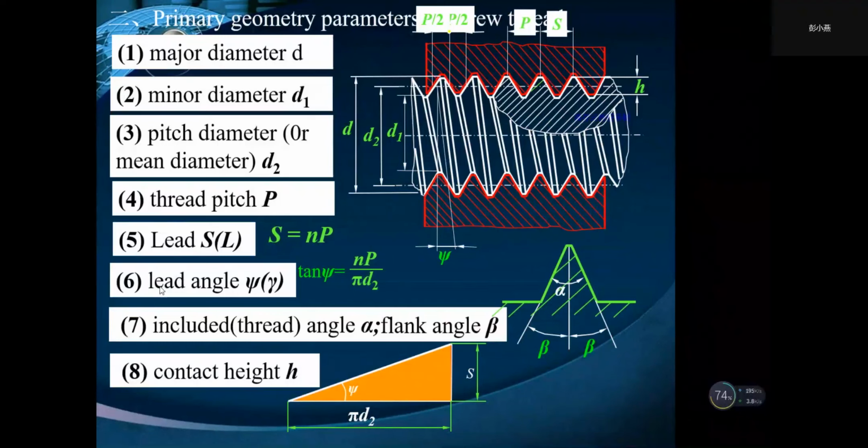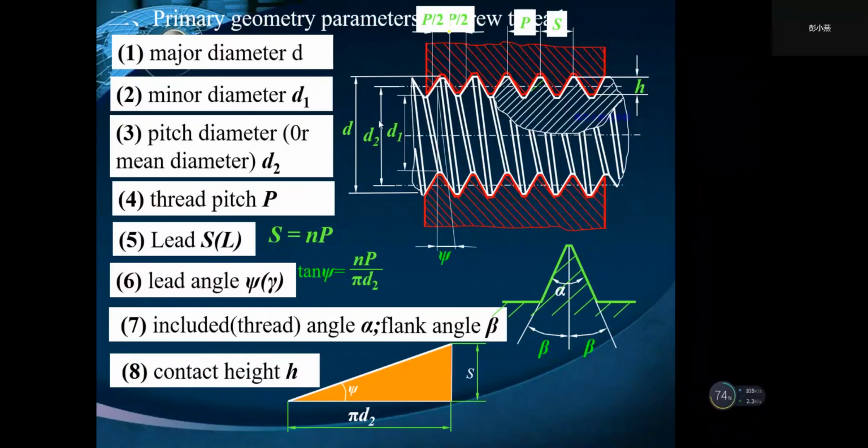The major diameter D is the largest diameter of screw thread. The minor diameter D1 is the smallest diameter of screw thread.